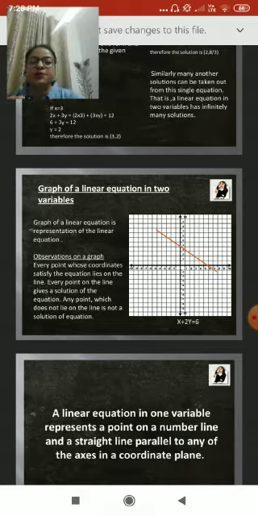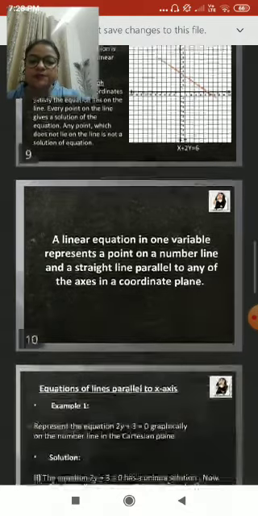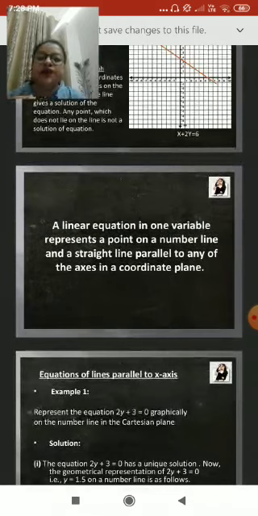So this clear picture of the graph tells you that if the line does not pass through a point, then that point is not the result or the answer of the equation given to us.